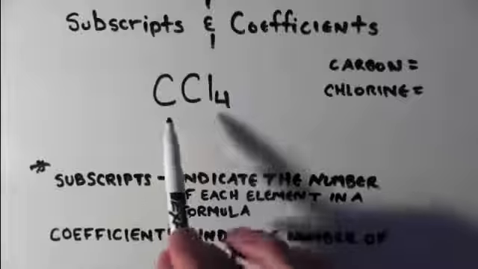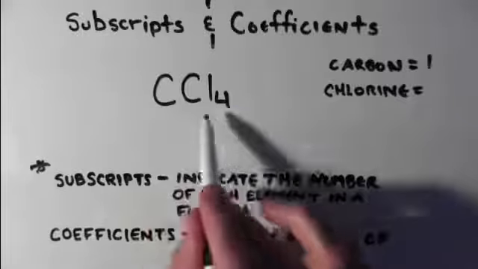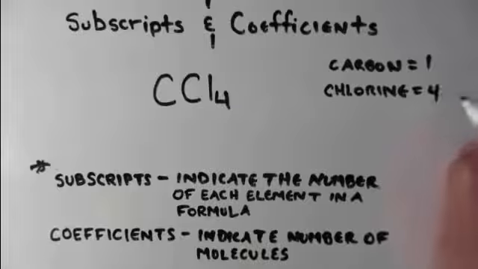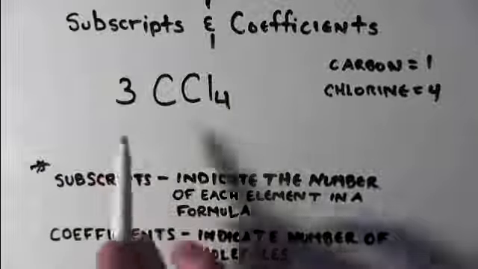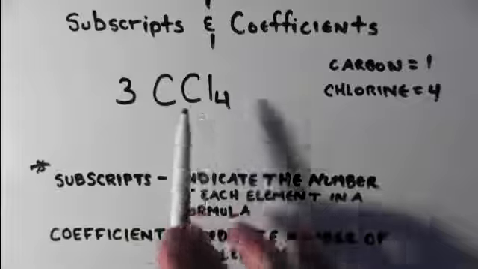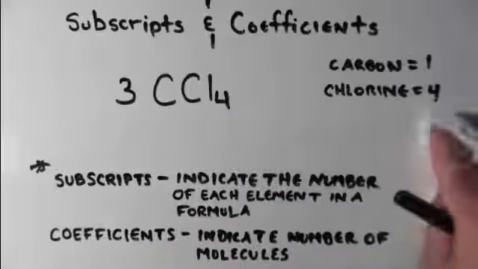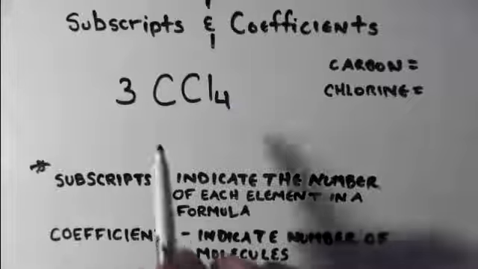Now, in this formula for carbon tetrachloride, we have 1 carbon, and this chlorine has a subscript of 4, so we have 4 chlorine. But if I add a coefficient, say, of 3, then I have 3 molecules of this chemical formula. So the inventory of the elements changes.